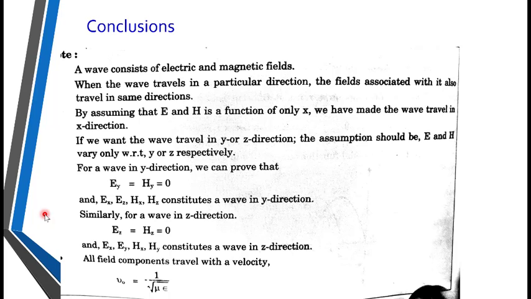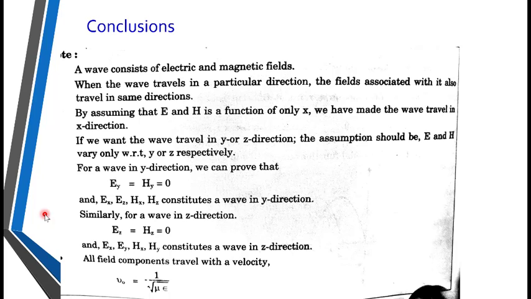By assuming that E bar and H bar are functions of x only, we have made the wave travel in the x direction. If E is varying with respect to x and H is also varying with respect to x, then we can say that the wave is traveling in the x direction. If we want the wave to travel in the y or z direction, then the assumption should be that E and H vary with respect to y and z.